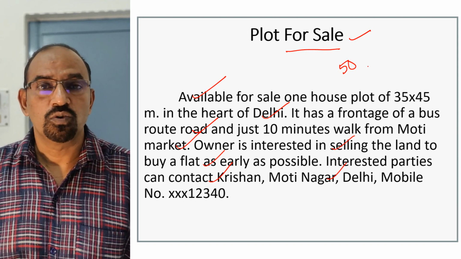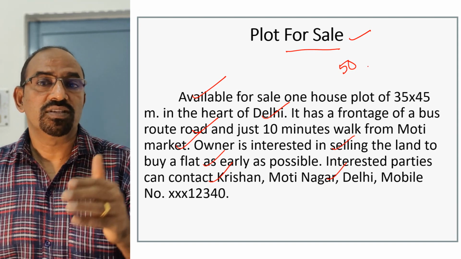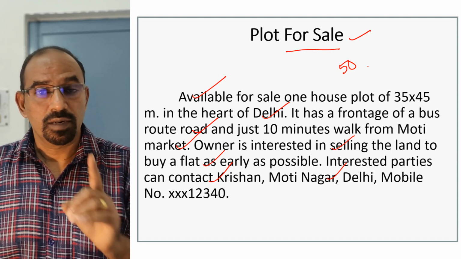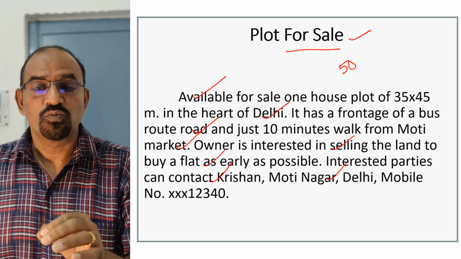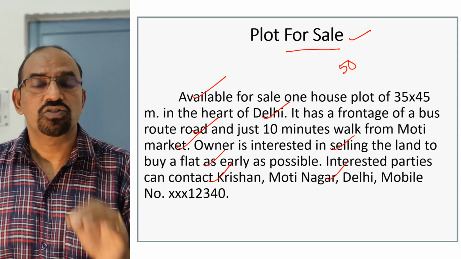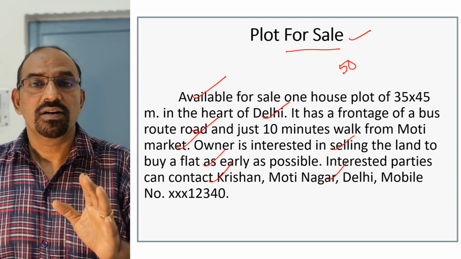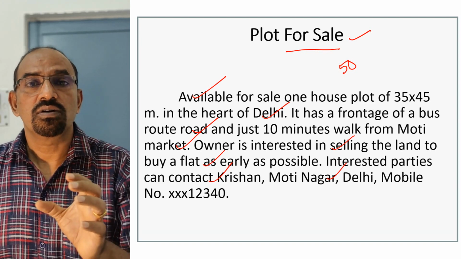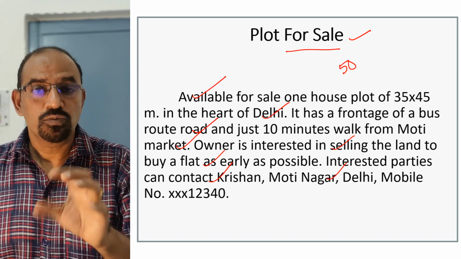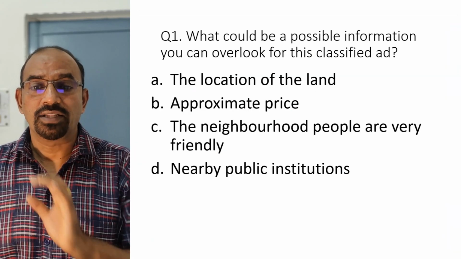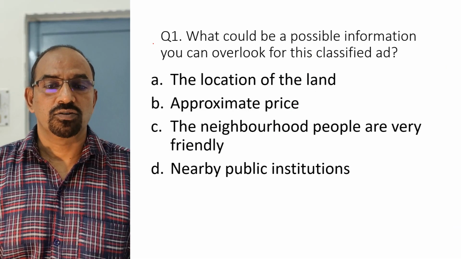Now let us move on to the MCQs related with this question. Remember one thing, your answer like this one will not be given in your question paper. Only the question for making a classified advertisement is given. It is followed by MCQs like this. Look at the first question.